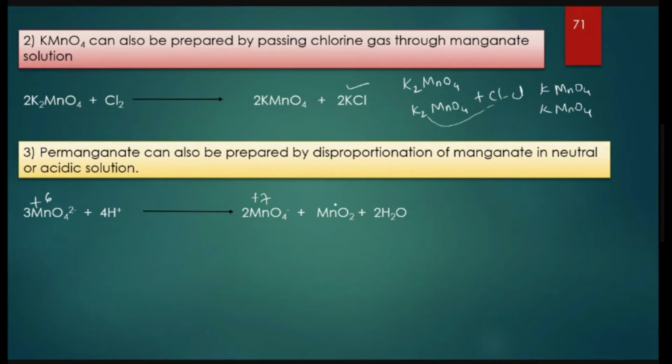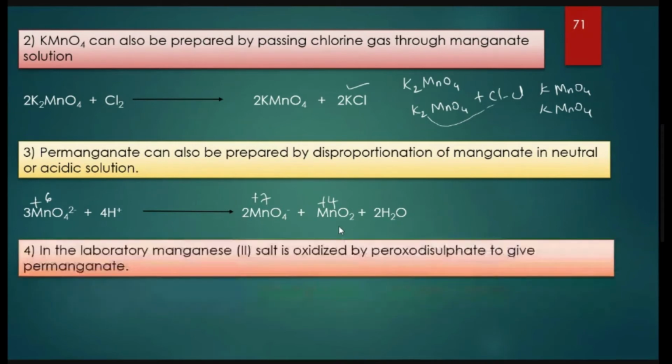Whereas when there is a formation of MnO2, manganese dioxide, its oxidation state is plus 4. From plus 6 to plus 4, it has got reduced. So that is why we say manganate ion in presence of an acid undergoes disproportionation reaction, leading to the formation of permanganate ion along with manganese dioxide and water.